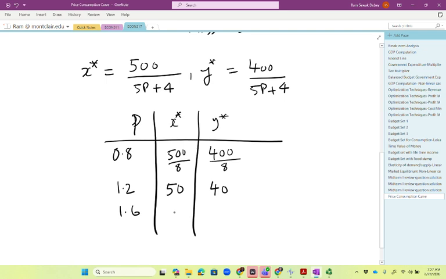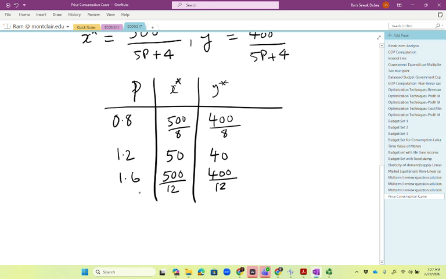So I take price of good x to be 1.6. The values of x star and y star turn out to be 500 over 12 and 400 over 12. I go little further. I take the price of good x to be $2 per unit.